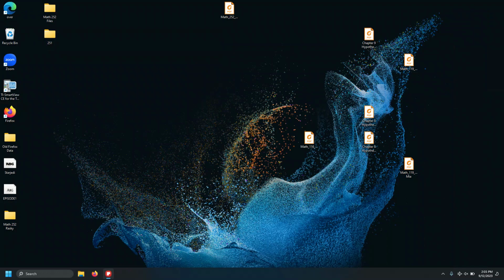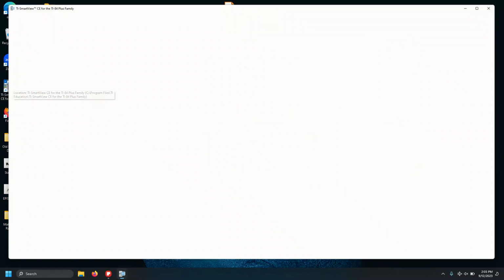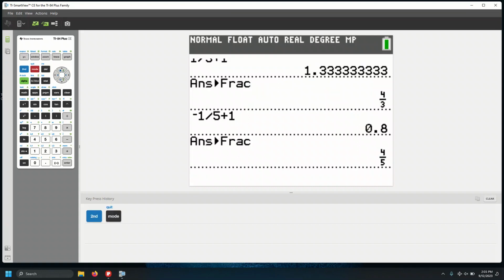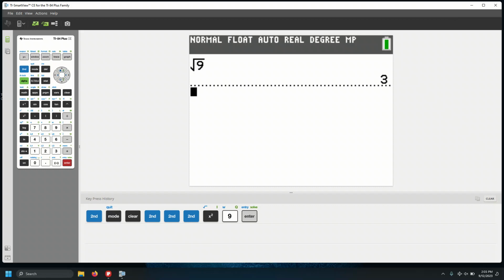Now, let me open the calculator so I can show you how to do this. Let me clear everything. Well, you have the radical symbol, the square root of 9, for instance, and that's going to give us the square root of 9.